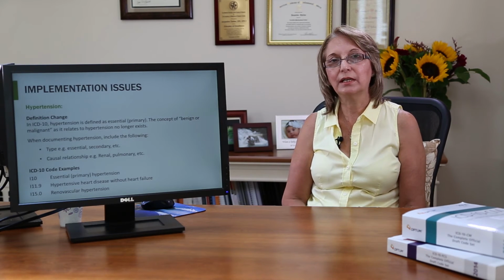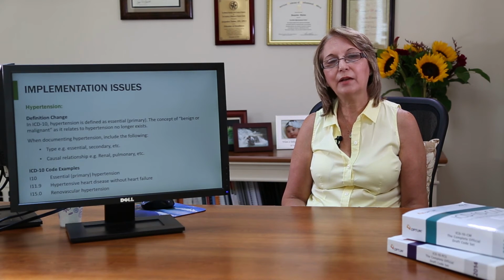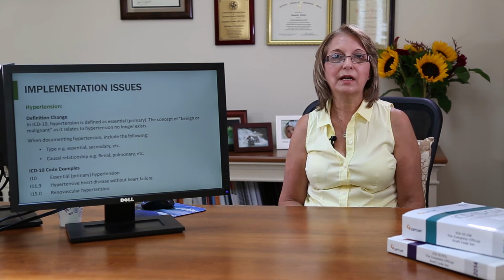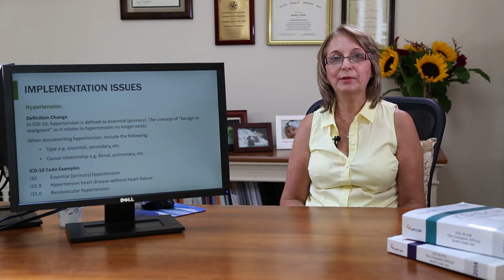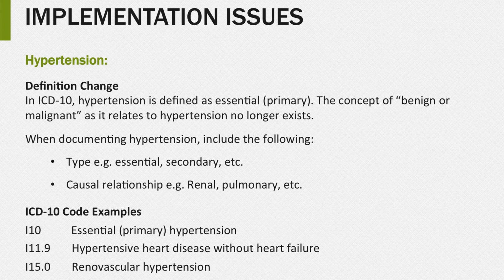Some of the changes actually come to some of the diagnoses that we've been coding routinely, such as hypertension. So in today's Key Coding Tips, we're going to take a look at some of those categories which have some really big changes. Hypertension is one of those. For those of you who have had difficulty utilizing the hypertension table, here's some good news. For ICD-10, it is gone. Coding hypertension is so much easier with I-10 as opposed to I-9. The big change with hypertension is that the concept of benign or malignant no longer exists.